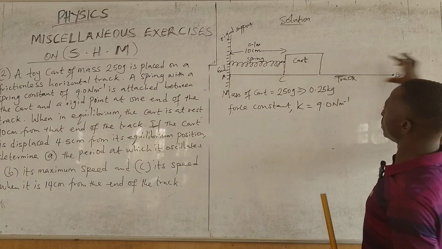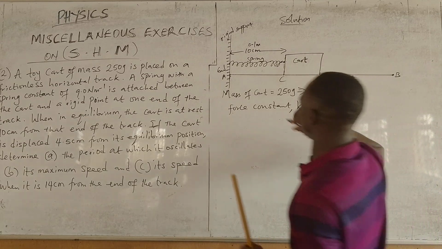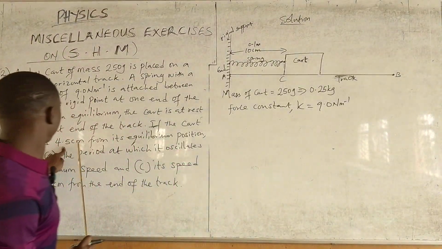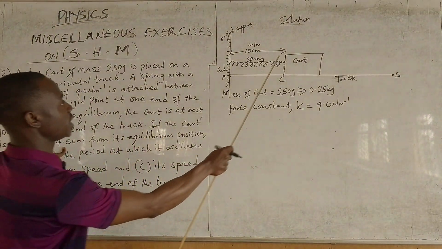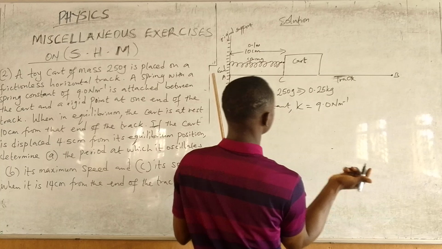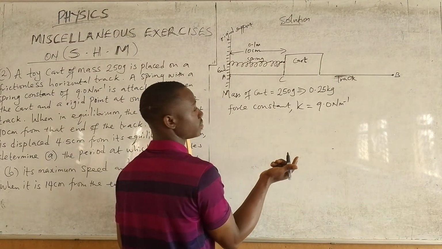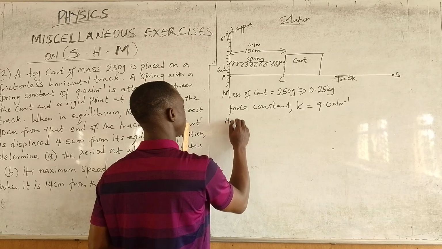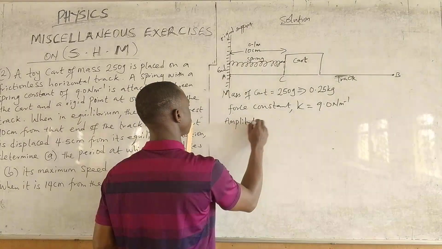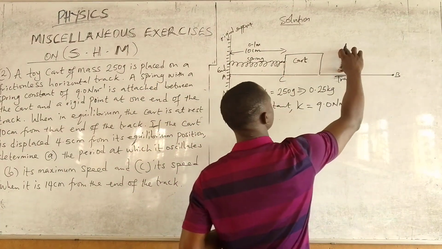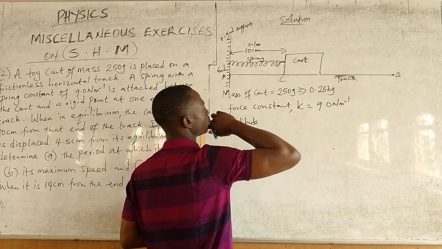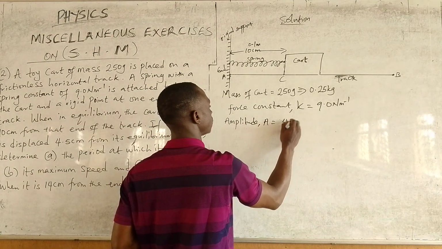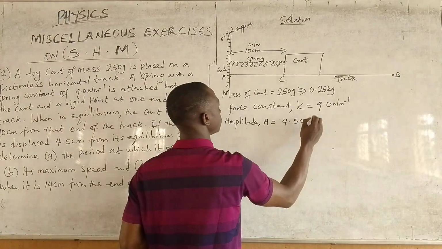So you displace it 4.5 centimeters from its equilibrium position. Is there any need to draw another diagram? There's no need. So our displacement, which is our amplitude, maximum displacement, you draw it from here to here, 4.5 centimeters. Amplitude A is 4.5 centimeters.